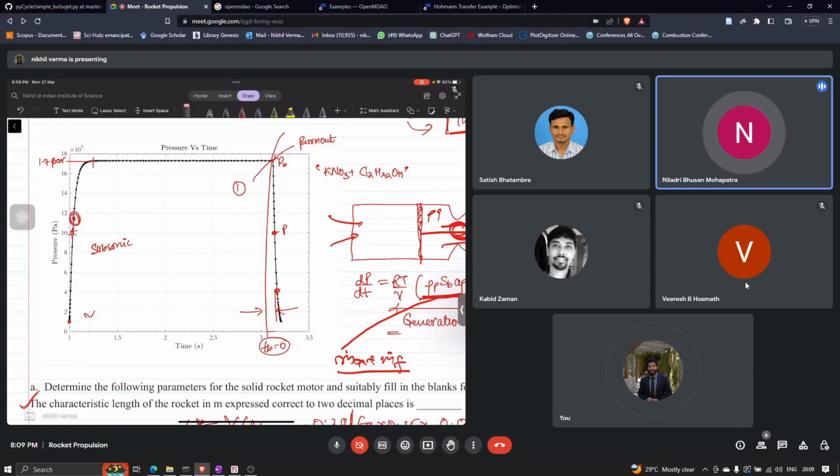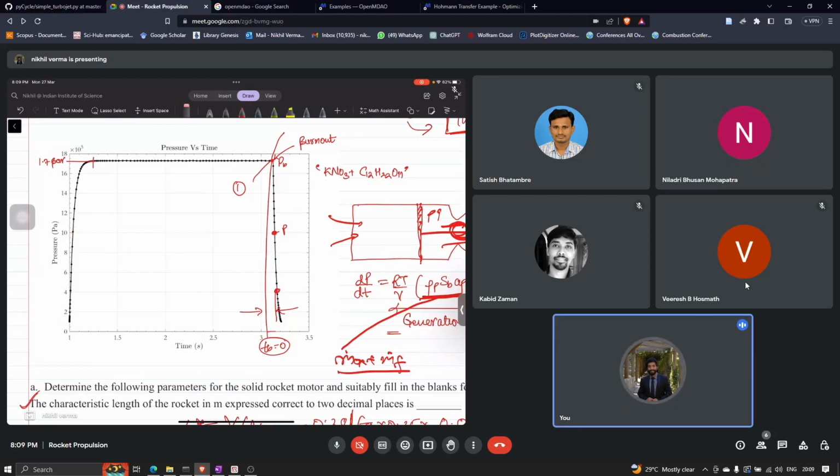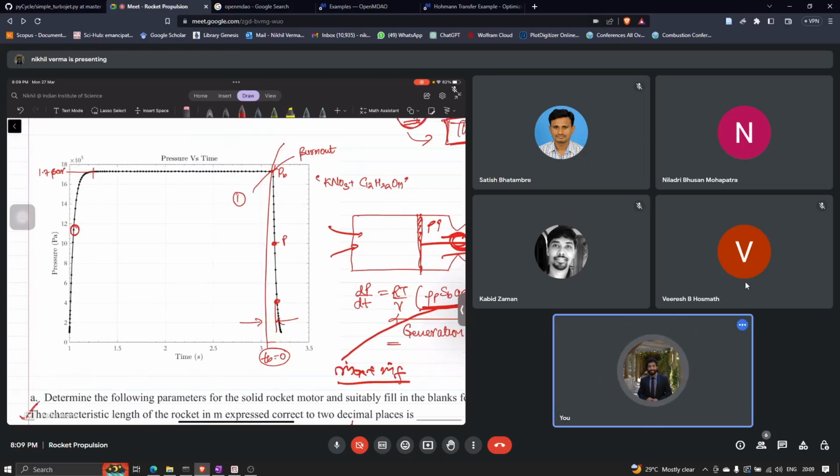I was thinking to ignore it because it is giving a negative value. You try to do this; initially I was also getting this thing. We thought why we are getting these things. Then we realized this is because we are not considering the subsonic part.